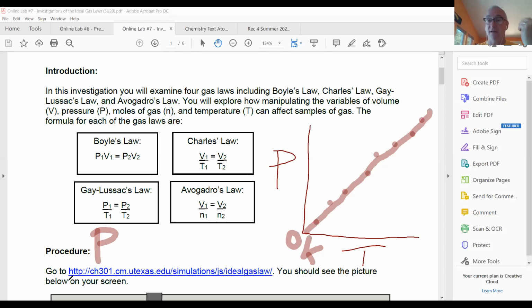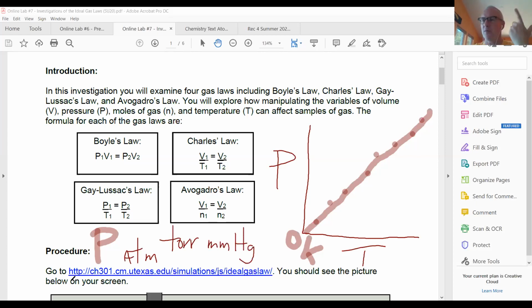The higher and higher the pressure, the more you feel squeezed in. So one of the things we measure pressure in is atmospheres. We also measure it in something called torr, or millimeters of mercury.